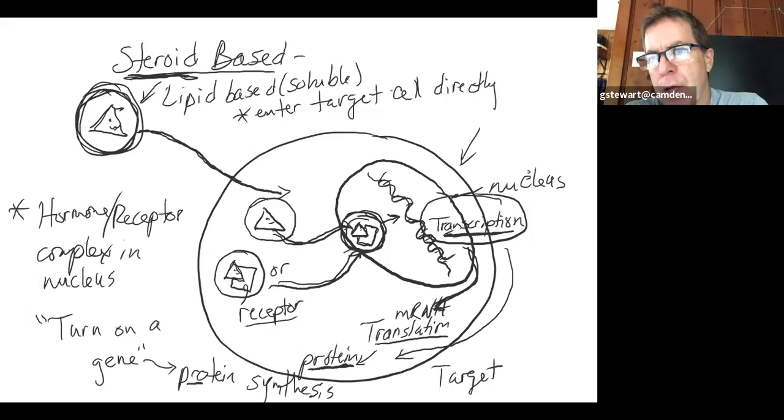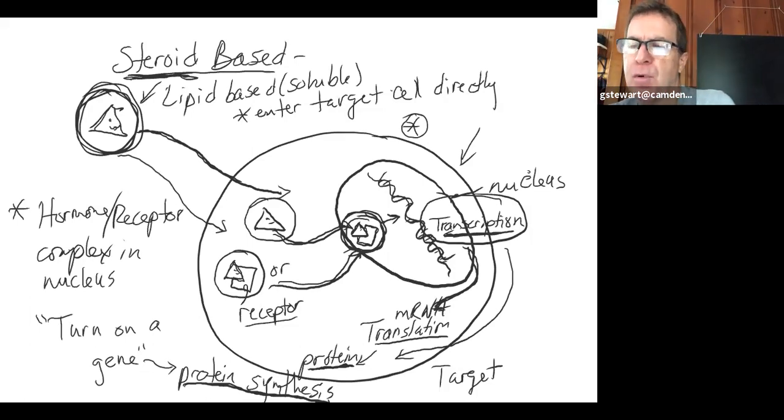And what we're doing here is we're making proteins and we're building mass. We're building muscle mass. Now that's just one small example of what protein synthesis does. Our cells all over the human body are just constantly cranking out proteins all day long. So hormones are one of the typical initiators of that protein synthesis process.